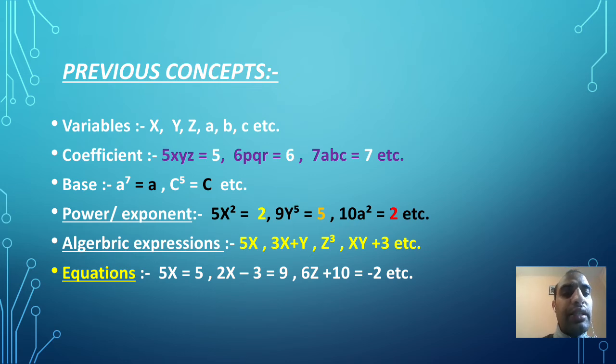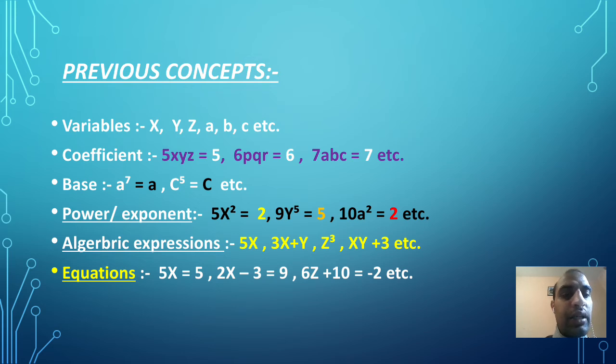So next case is algebraic expression. You have studied in previous classes, whenever we are adding variables and constants together or multiplying constants and variables, it becomes an expression. An expression is always represented by variables and constants together, like 5x we have here, and next is 3x plus y.